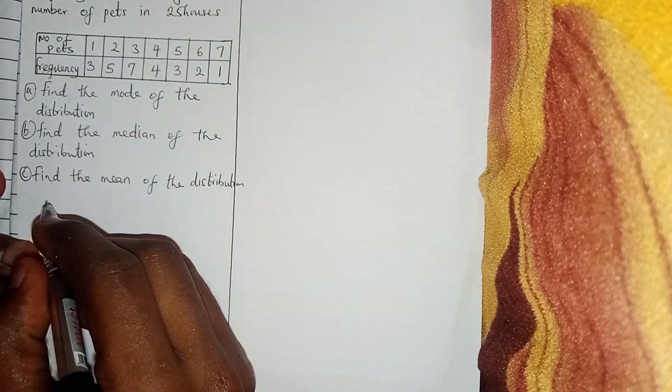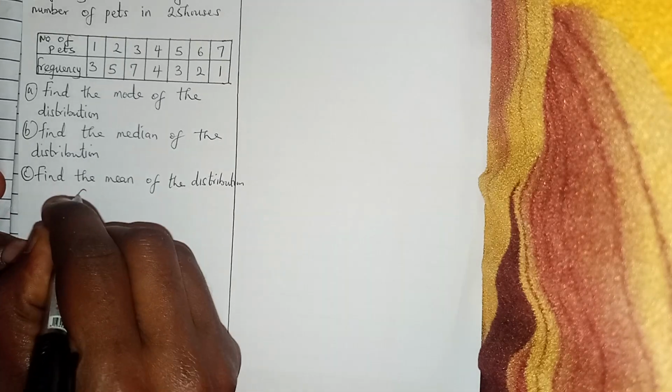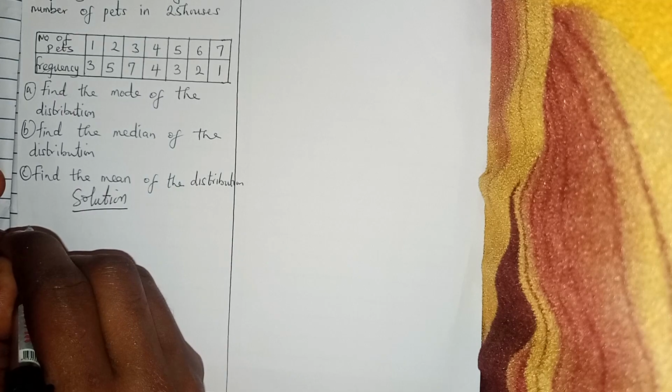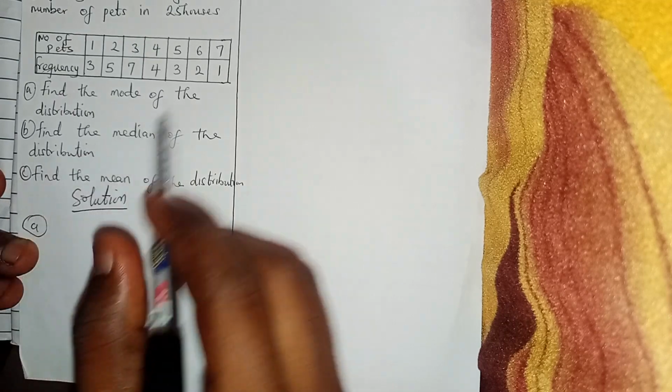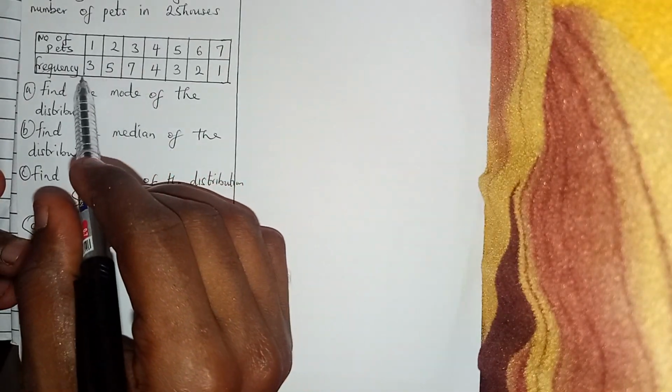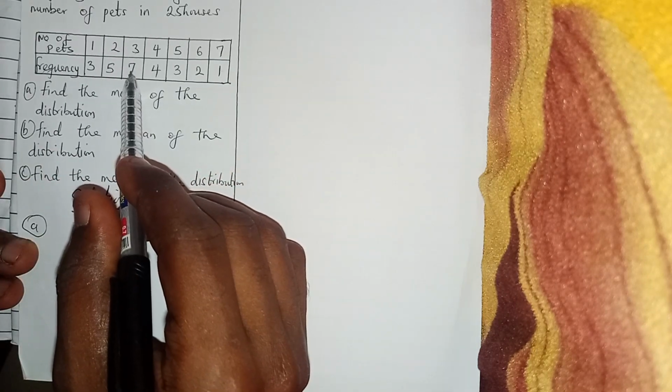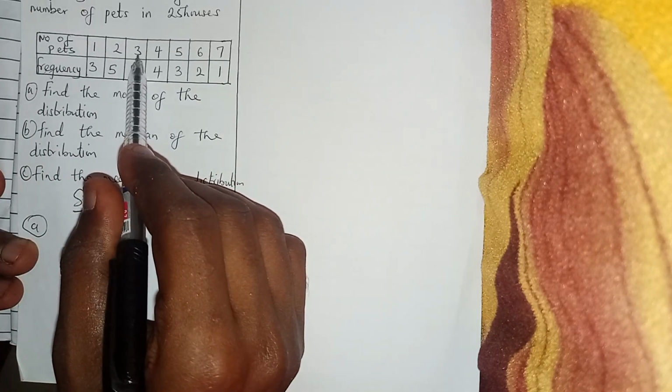So the first question says we should find the mode of the distribution. When we talk about mode, it means the number that occurs most. You can see that the one with the highest frequency here is 7. So the number that occurs most in this case is 3.